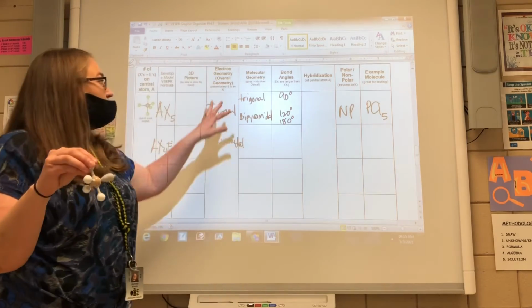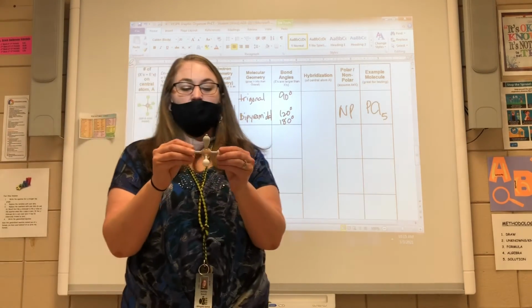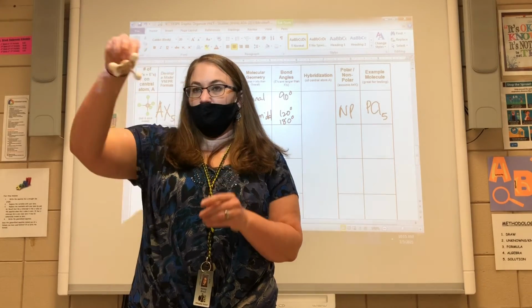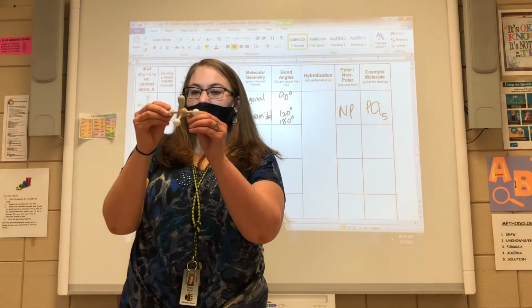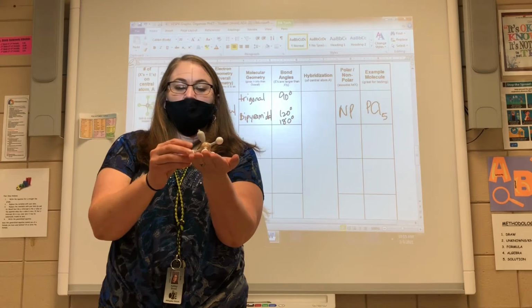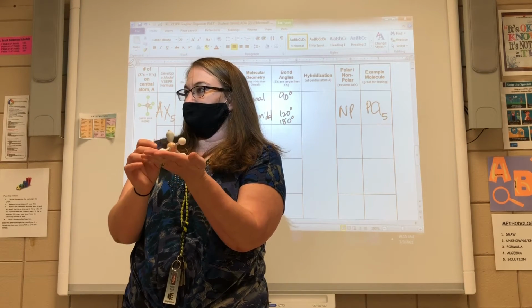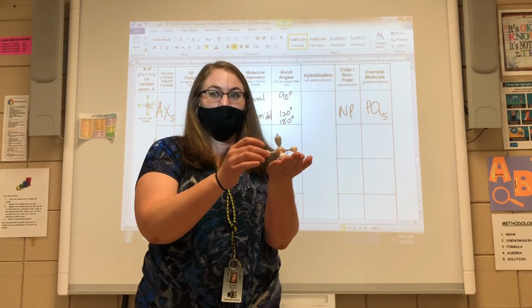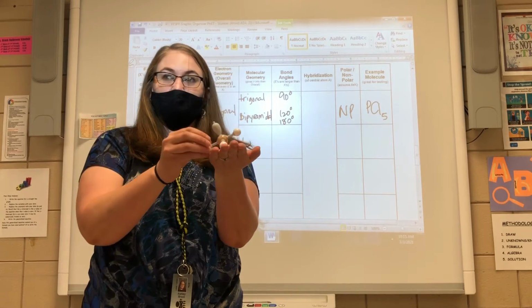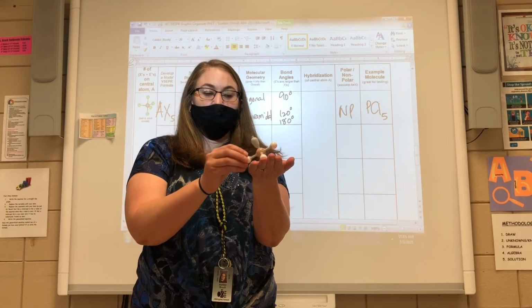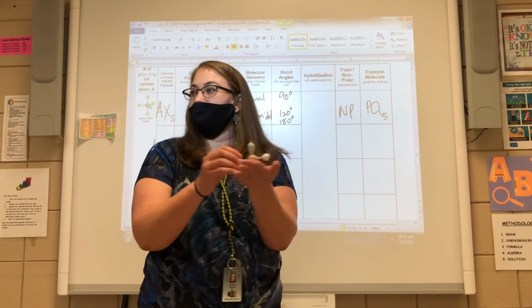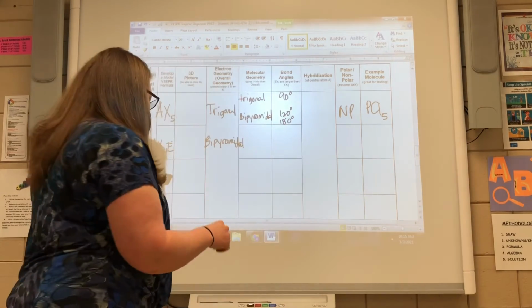But if we look at the molecular geometry, that's just the atoms. That means we don't look at the electrons. We just look at these right here. So what does that remind you of? Back and forth, back and forth. A seesaw. So that is the shape we're going to call this.